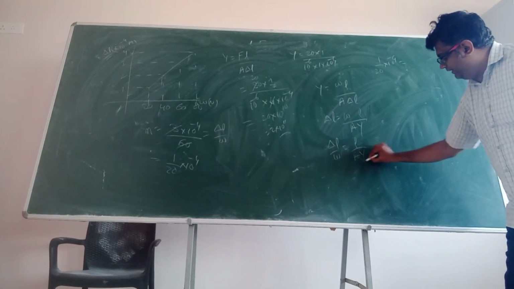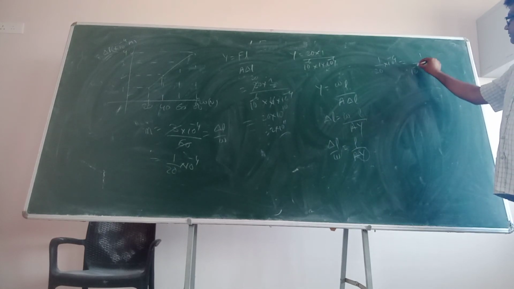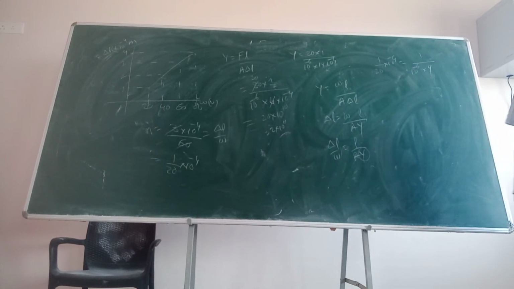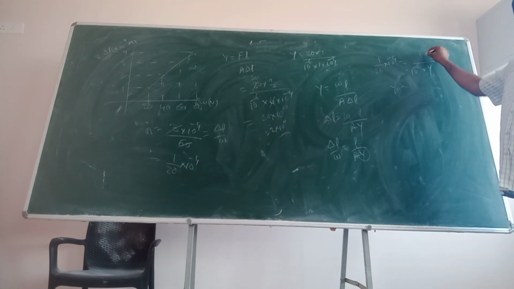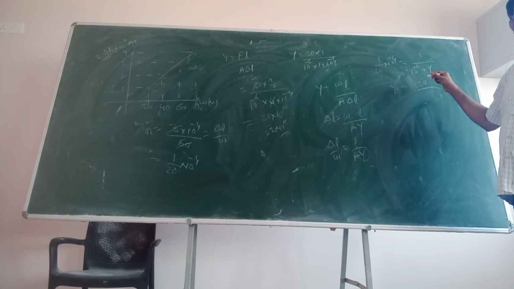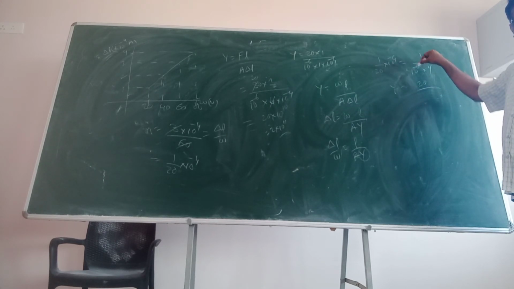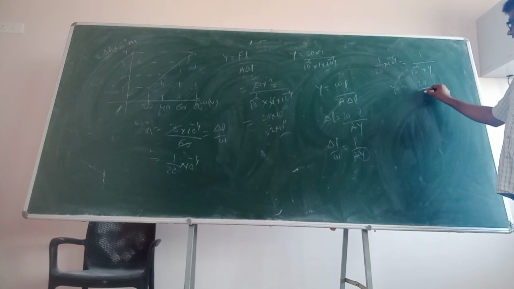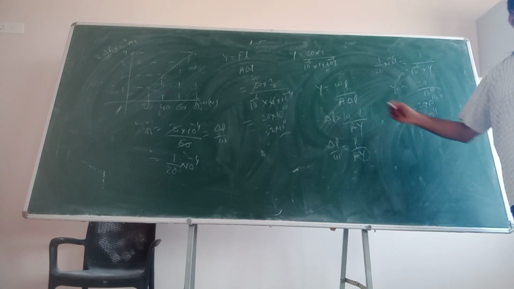You are trying to find out Y. So L is 1, area is 10 power minus 6 into Y. So Y is equal to, this goes this side. In the denominator it will be 10 power minus 10. Clear? Or it is 20 into 10 to the power of 10 or 2 into 10 to the power of 11.